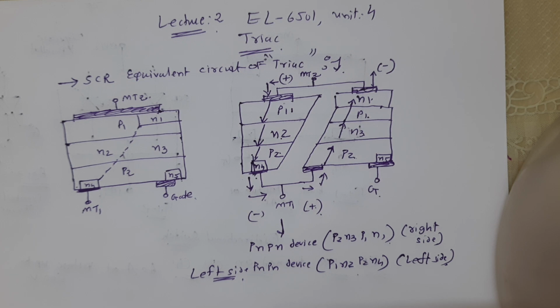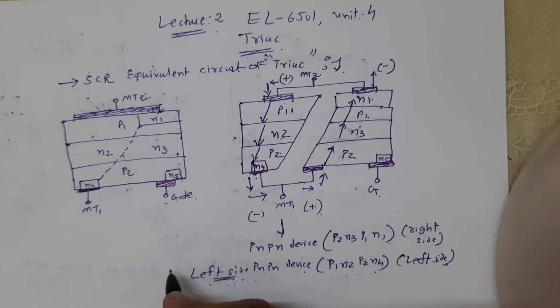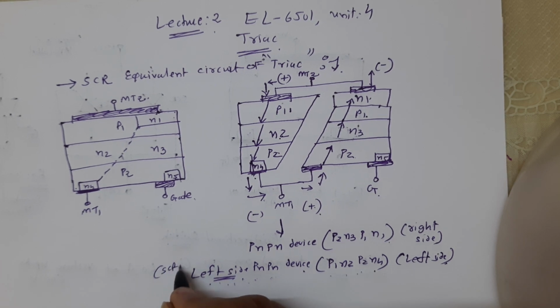It is easy to see that we have two SCRs connected in inverse parallel. The left half in the figure consists of a PNPN device, which is P1, N2, P2, N4, having 3 PN junctions and constituting SCR1.